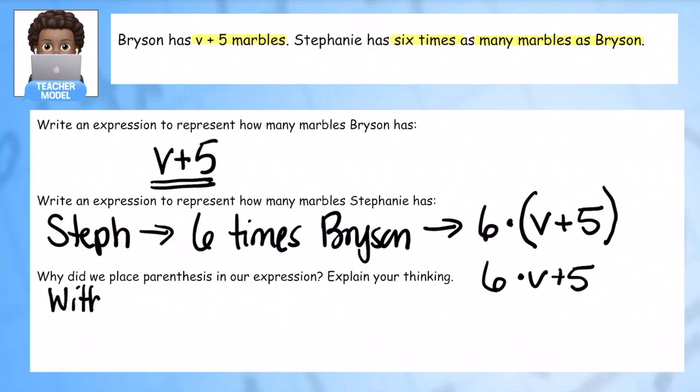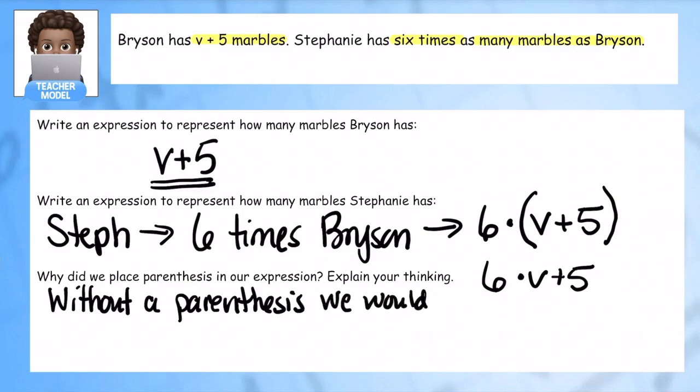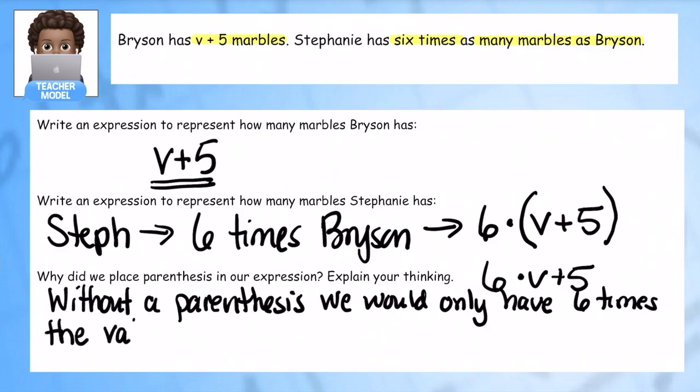Without a parentheses, we would only have 6 times the value of V plus 5.